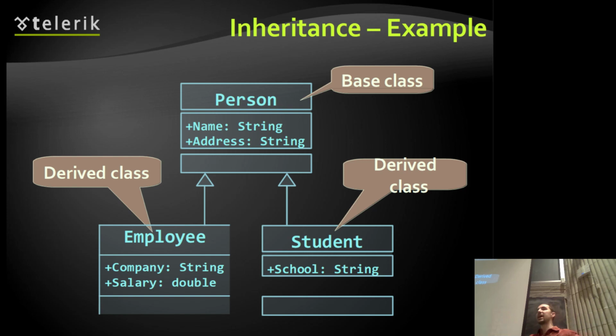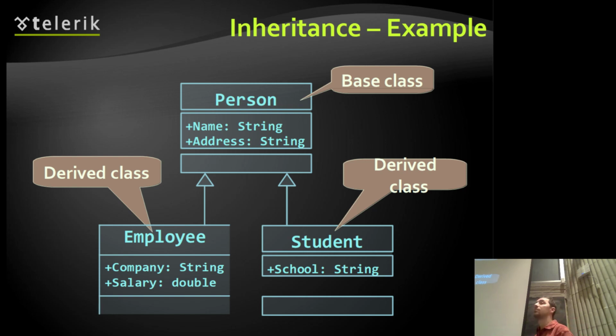Public could be accessed by anything. Private could be accessed only by stuff in this box. If you declare something private in person, you will not be able to access it in employee because it's outside the box. So there's a third protection type that's been useless to us up until now, when we start talking about inheritance. And that is protected.